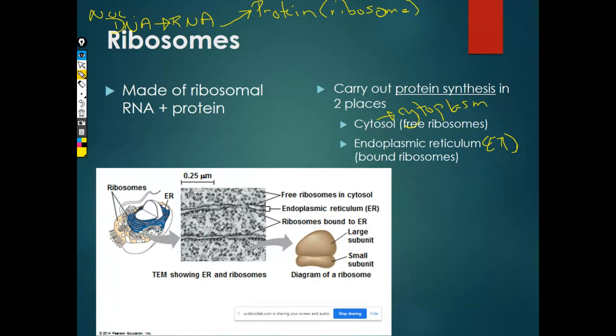Even when we blow them up, they're not the most spectacular looking of organelles, right? Not that we judge. So for our endoplasmic reticulum, when we have ribosomes attached to it, then it becomes the rough ER, because it looks bumpy.